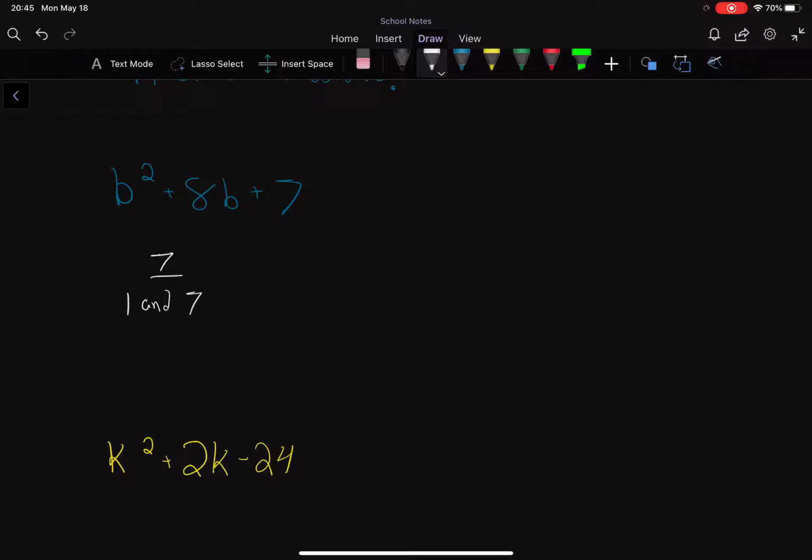And we want to know which factors of 7 add up to 8. Well, we only have these two factors, and 1 and 7 also happen to add up to 8. So we're going to have b, because it's just b squared, so b plus our first factor, 1, times b plus 7. And now if we double distribute, we'll get b squared plus 8b plus 7.